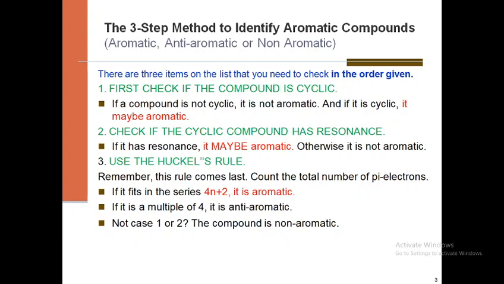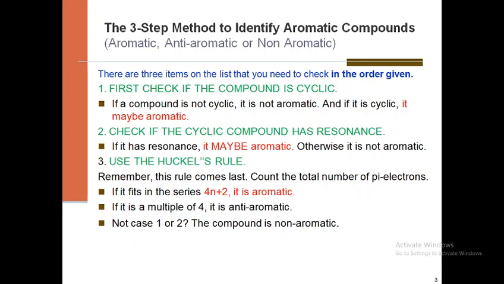The first and important checkpoint is whether the compound is cyclic or not. Once you get the structure, just check whether the structure is cyclic or not. If your compound is not cyclic, it is non-aromatic. Clear? And if it is cyclic, then it may be aromatic. Here, be careful, it may be aromatic.